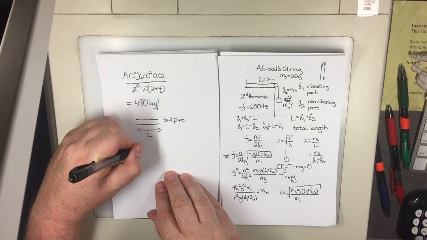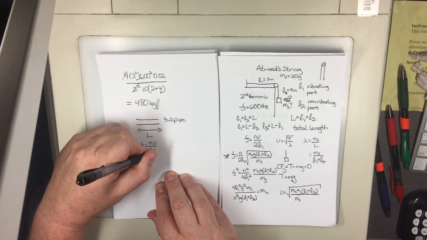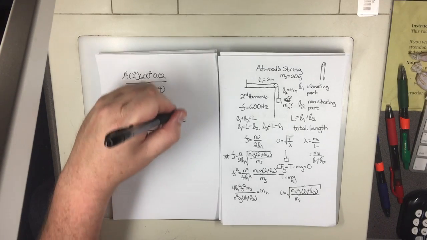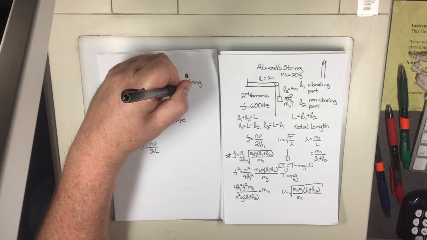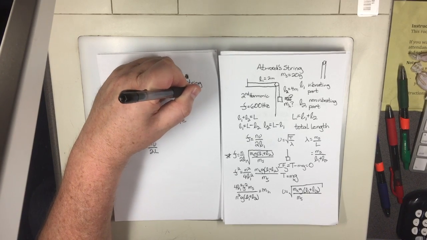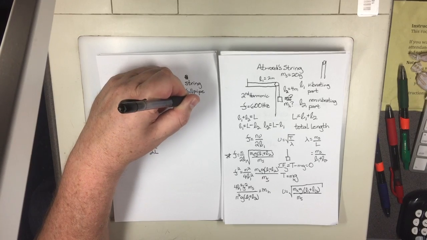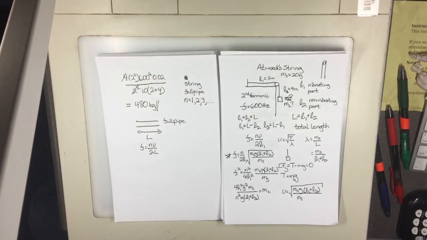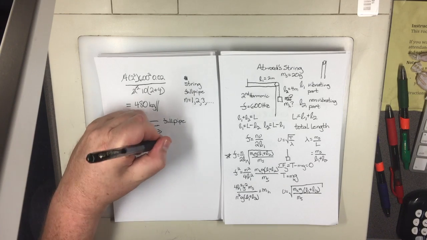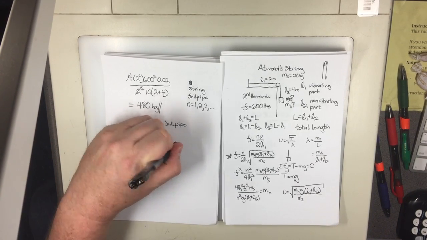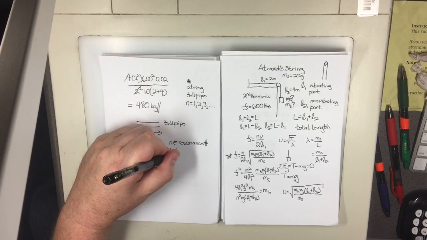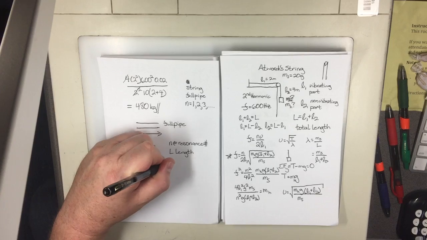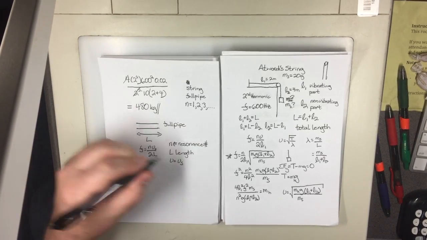Its resonant frequencies are nV over 2 big L. And for string and for full pipe, those n's go 1, 2, 3, etc. So for the full pipe, you get this. n is the resonance number, L is the length, and V is the velocity of sound, so I can just write that.